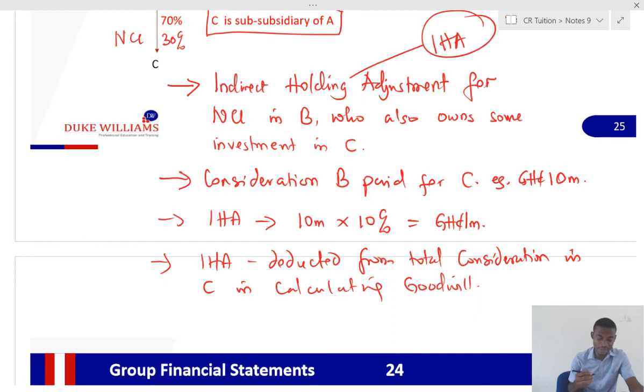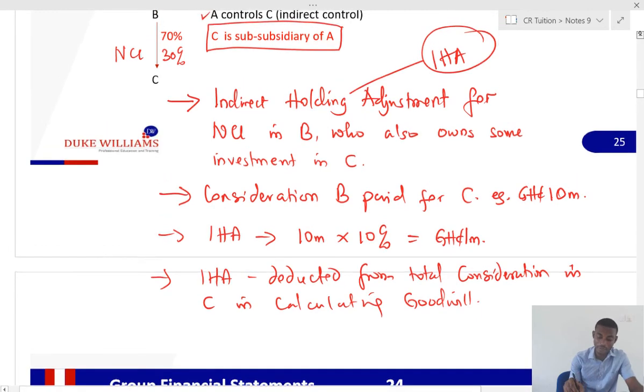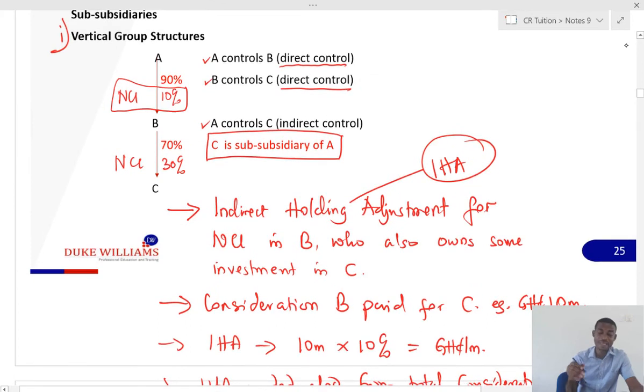So we'll revisit this adjustment, but I needed to mention this at this initial stage because we are looking at the group structure. So the indirect holding adjustment is the portion of the investment NCI owns in C by virtue of the investment in B, and this is always excluded. It is excluded from the consolidation process. So when we are calculating goodwill in C, we take it out from the calculation. When we are calculating NCI in B, we take it out. Very important principle I want you to note.